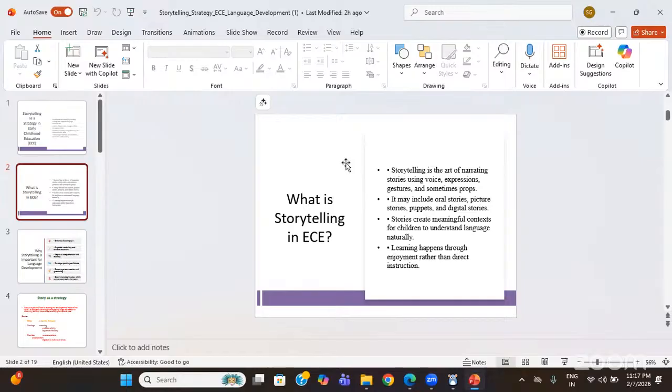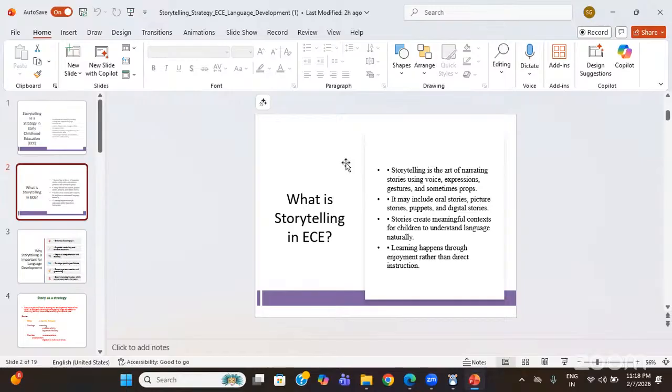So instead of telling them this is the moral, understanding the story itself makes them understand the moral in the story. So there is no need to specifically tell the moral of the story.